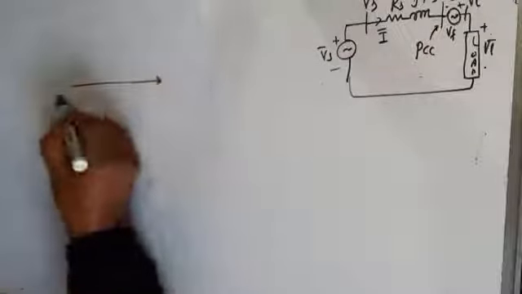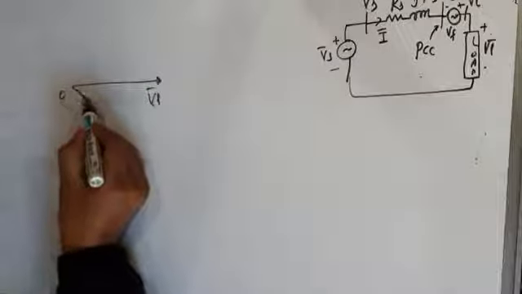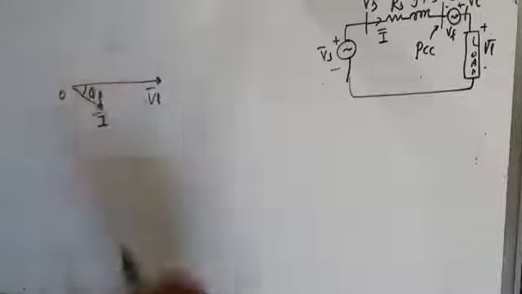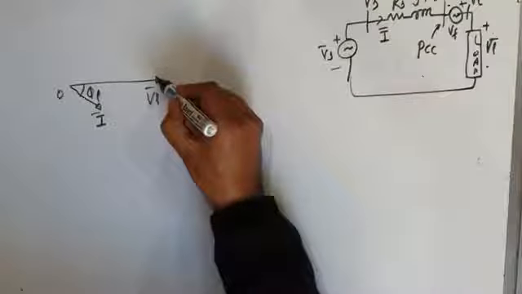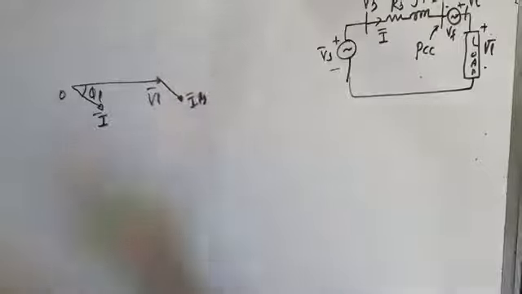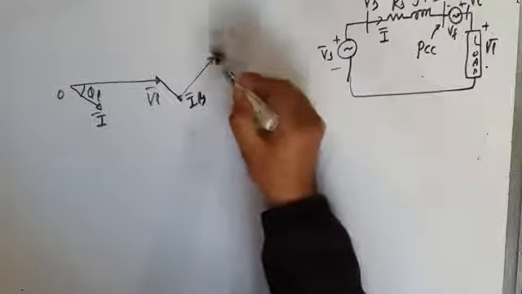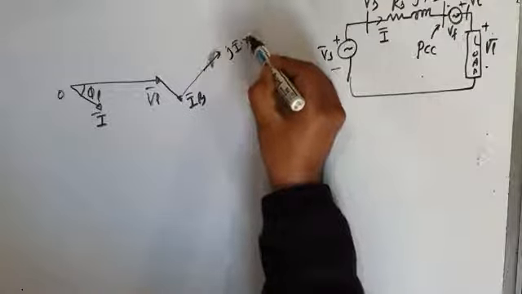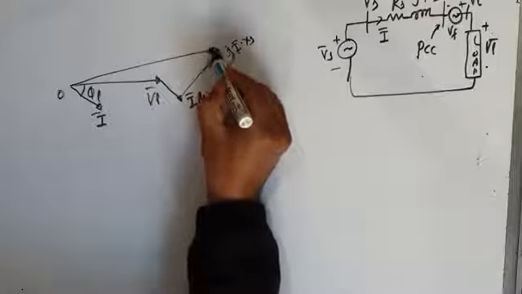You can see, for example, this is my load voltage VL, and this is my load current I, and this is load power factor angle phi L. Now there is a resistive voltage drop in the feeder, that is this I into Rs, and there is a reactive voltage drop in the feeder, that is this jI into Xs, and your source voltage is this. This is your source voltage Vs.